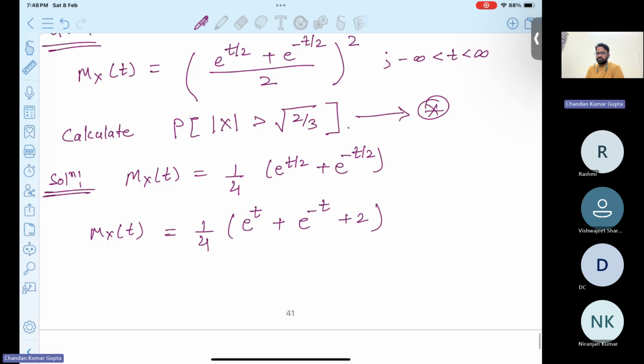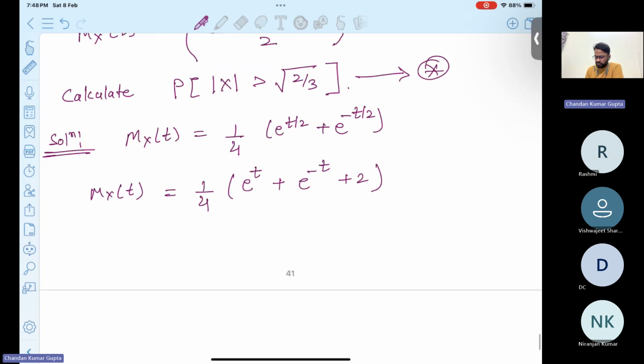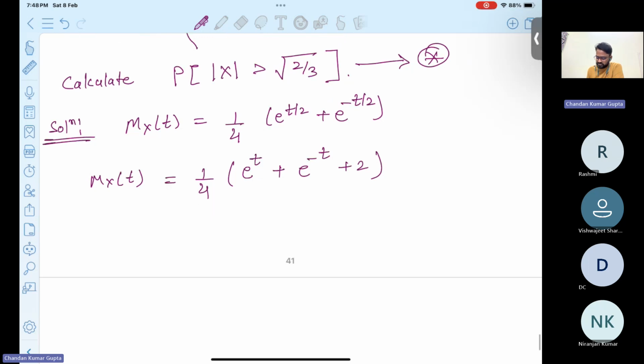So the first aim is to calculate the expectation and variance so that we can calculate the probability mentioned in star. The moment generating function is given, and we have discussed already that the expected value of X can be calculated by differentiating the moment generating function one time and taking the dummy variable t equal to 0.